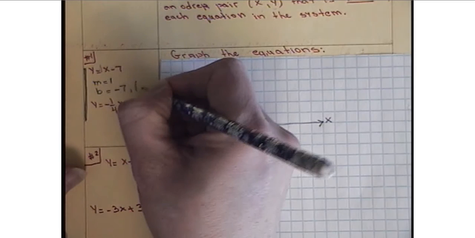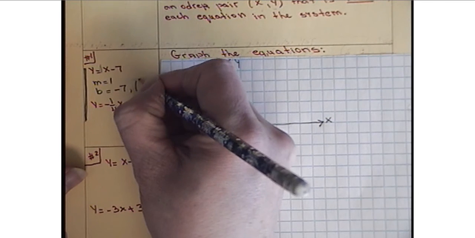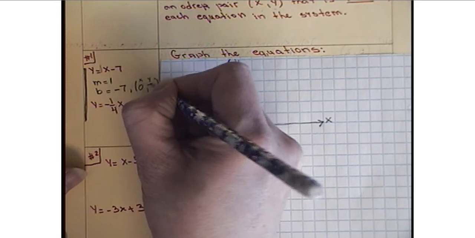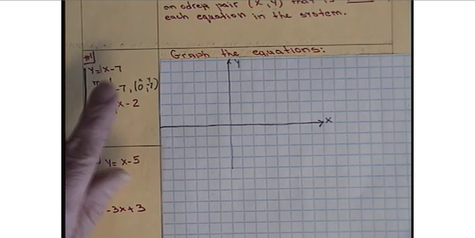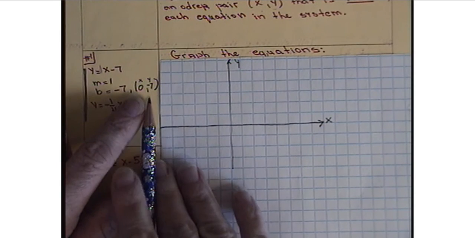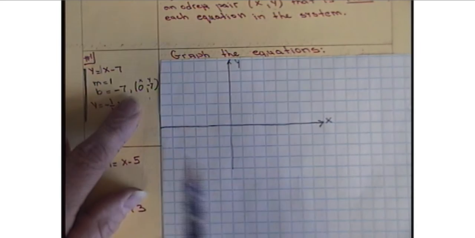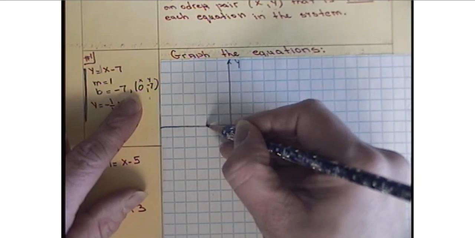Another reminder, the y-intercept or b has coordinates: x is always 0 and y is -7. So now we're going to start with this point when x is 0 and y is -7.